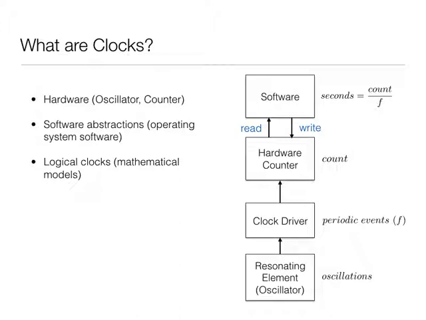The second part is the counter element, which is responsible for counting the oscillations provided by the oscillator. Then in the software, a software maintains those counts. It takes those counts and converts them into a human understandable form, which is in seconds.